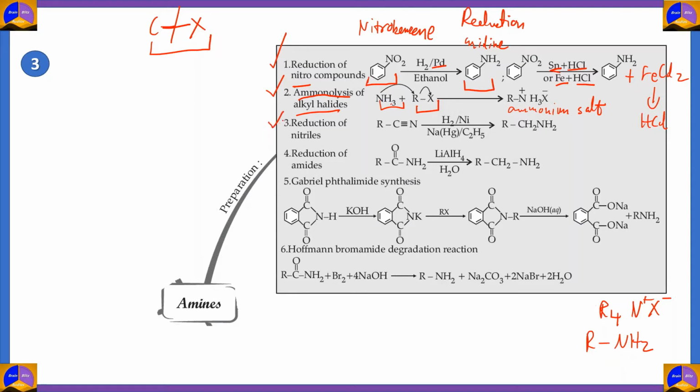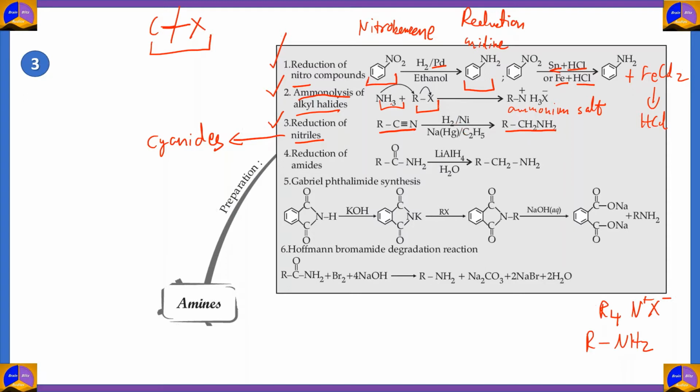Let's look at the third reaction, reduction of nitriles. Now, if you've learned in our previous videos, nitriles is the same thing as cyanides. So we have a nitrile here, and then on reduction with the nickel catalyst it forms the amine that's present here.